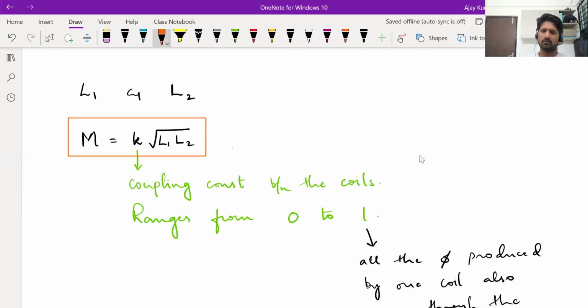It can range from 0 to 1 depending on how the coils are arranged. Did you all understand what the coupling constant is, and how mutual inductance is related to self-inductance? Any doubt in this? Okay, fine.